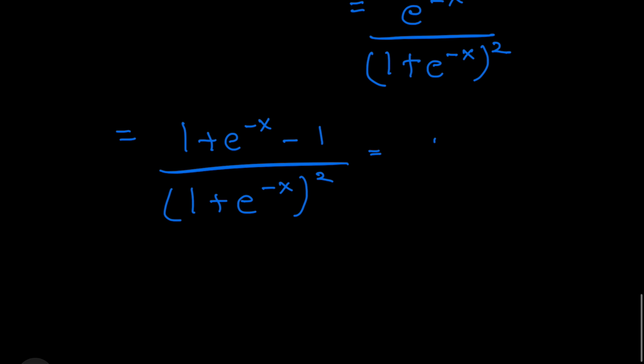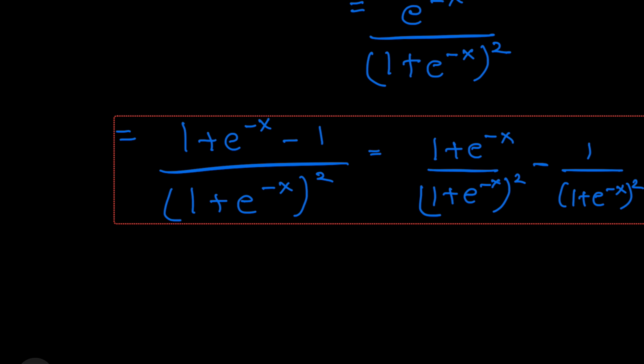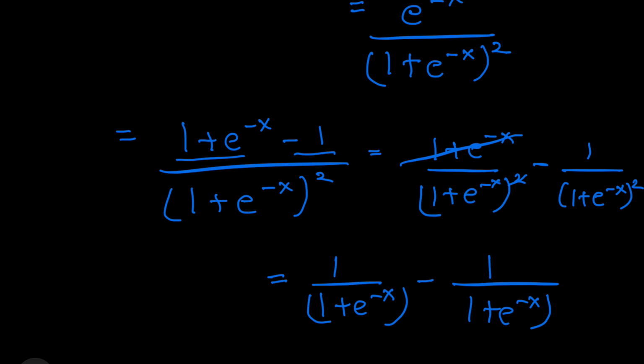So now I can write this as 1 upon 1 plus e to the power negative x minus 1 upon 1 plus e to the power negative x whole square. I just separated it out, so this got cancelled.